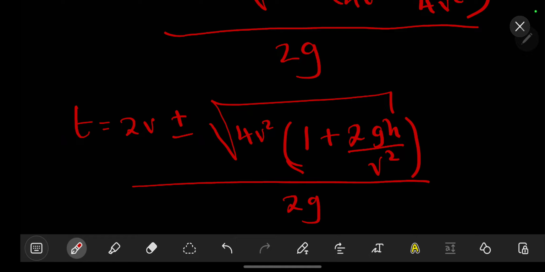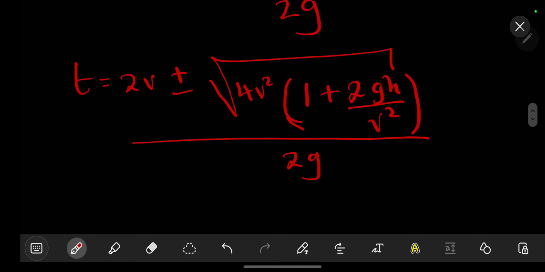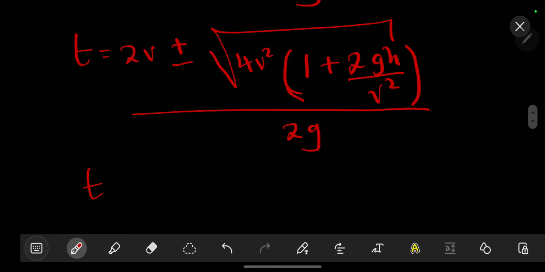So if that's the case, then we are just going to be able to reduce some things. Already we have what we want in the brackets: it's 1 plus 2gh over v squared. So we need to get rid of this. We are going to say that our t should be equal to our 2v plus or minus. Then the square root can be distributed among these numbers.